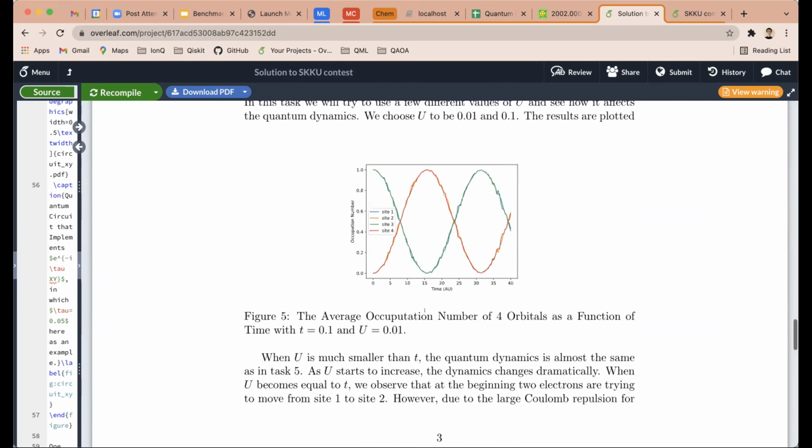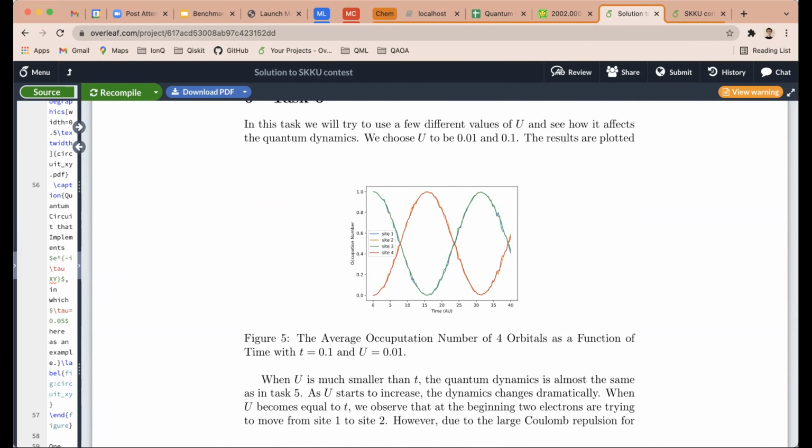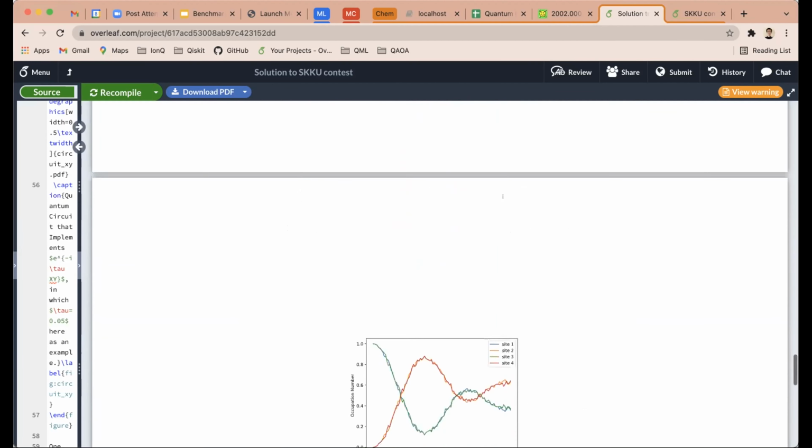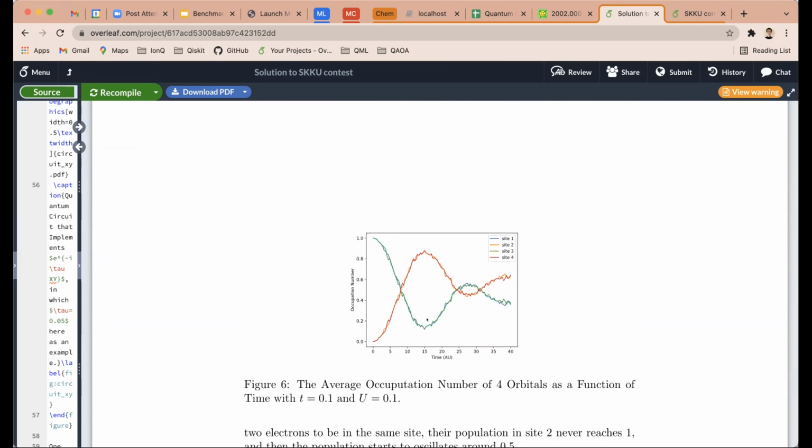And then we also try U to be 0.1, which is of a similar scale as t. And the resulting dynamics looks like this.